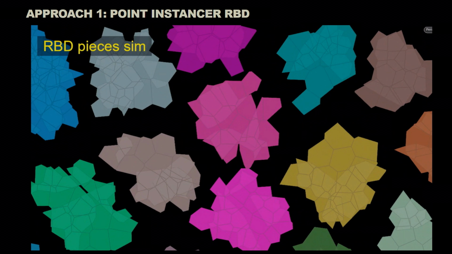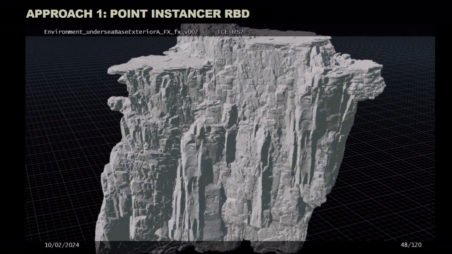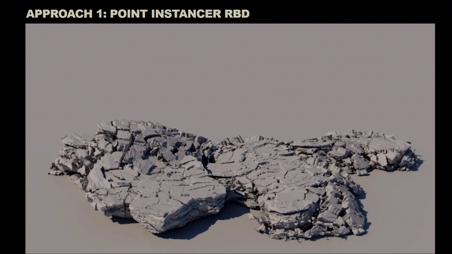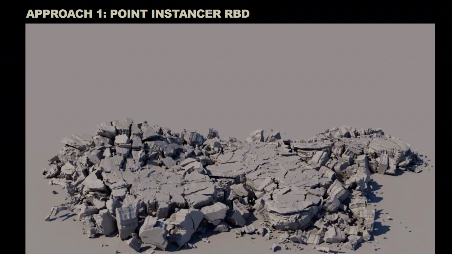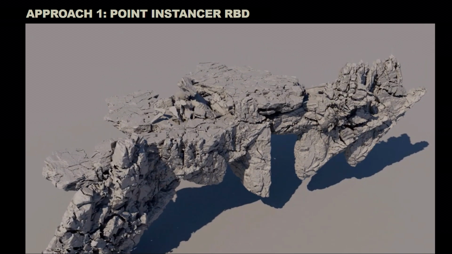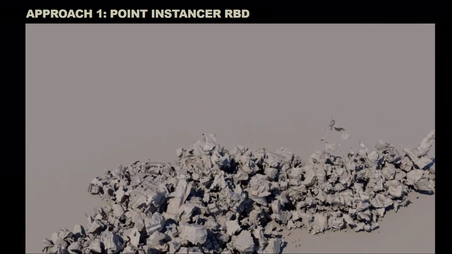This idea could work, and you could have an unlimited amount of things. The only thing is you have to pre-fracture everything. These were some early tests of that. And this is all instancer, so no RBD procedural, not raw geometry.